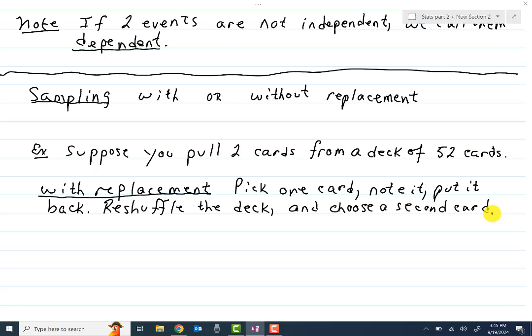So by putting the first card back, I've reset the game. And by resetting the game, any probability associated with the second card has not been dependent upon what happened on the first card, because you put it back. If you didn't put it back, that's a different story. So here we can see that this is clearly independent. The first card is independent of the second card.